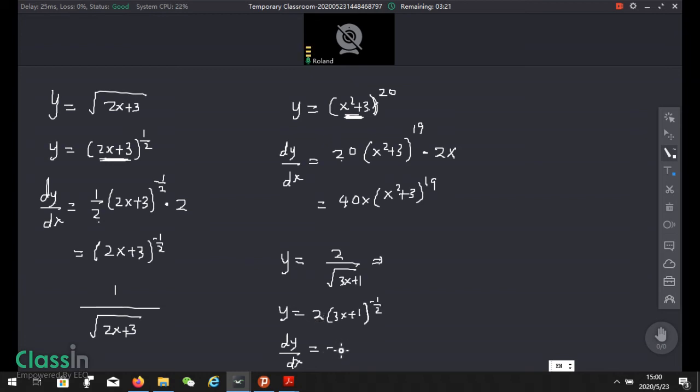That will be negative 1. (3x plus 1) to the power negative 1 over 2 minus 1 becomes negative 3 over 2, multiplied by the derivative of the expression in the bracket. If we differentiate this expression in the bracket, 3x plus 1, we have 3. So the answer is negative 3 (3x plus 1) to the power negative 3 over 2. Of course, we can write this with a positive coefficient, doesn't matter. So that's how to use the chain rule. You can check your answer by using the chain rule.